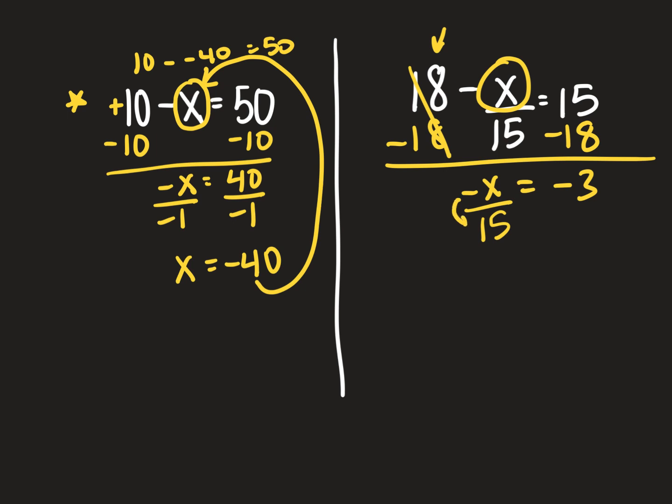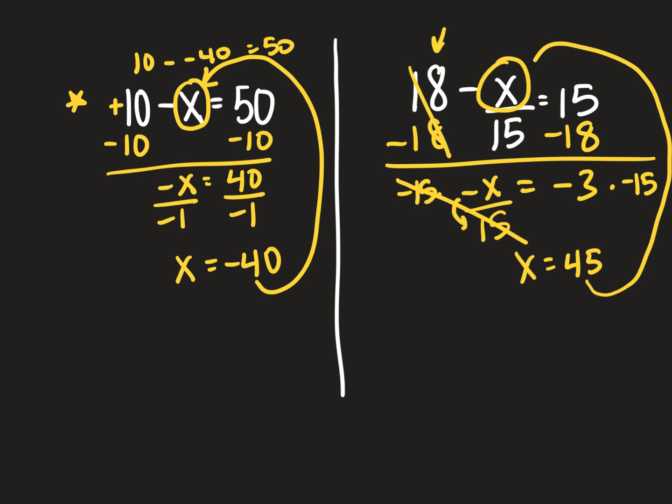I'm just going to move that negative sign down to the 15 and multiply by negative 15 so I can cancel it out. And when I multiply negative 3 by negative 15, I get a positive 45. So when I plug 45 back in for x, 45 divided by 15 is 3, and 18 minus 3 is 15.